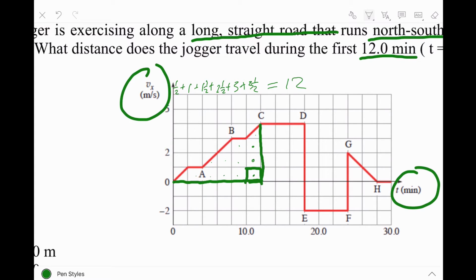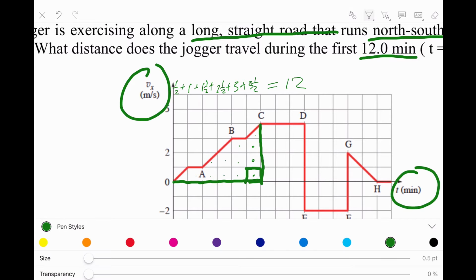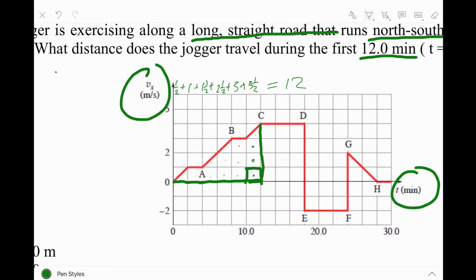Now the next question is, for the 12 squares, what do they correspond to? Each square here, if you look at here, is 1 meter per second. But here, if you look, this is 2, 4, 6, 8, so each is 2 minutes. So if this is 2 minutes, this is 1 meter per second.